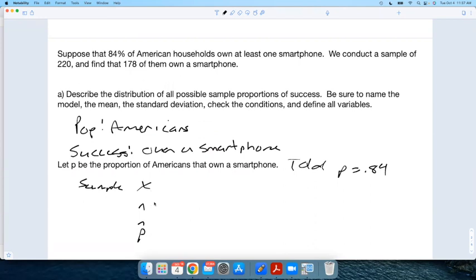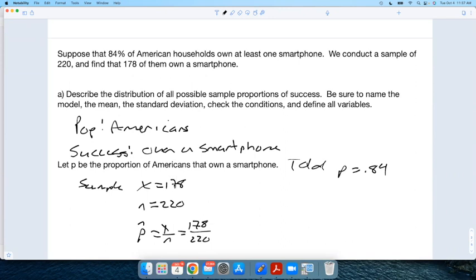They're always going to give you N. Sometimes they give you P hat, sometimes they give you X. Here they gave me X. And then P hat is always X over N. 178 sampled out of 220 in the sample.